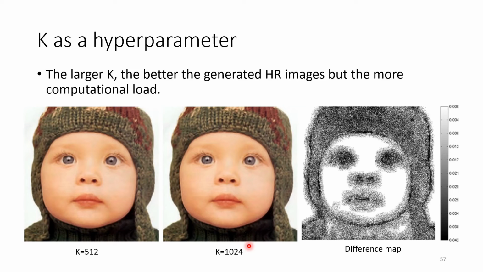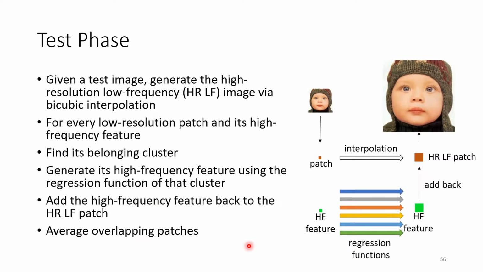If your k is larger, then you can have more divided regions, and I can create more mapping functions to get better results. If you have sufficient training samples in a divided space, then you can create a better mapping function. However, the computational load will also increase.